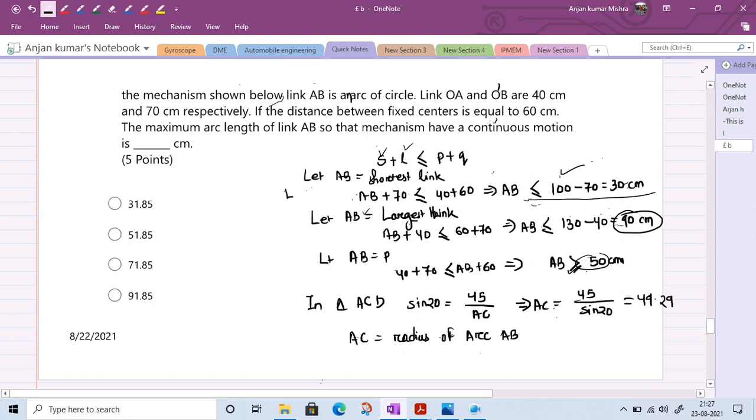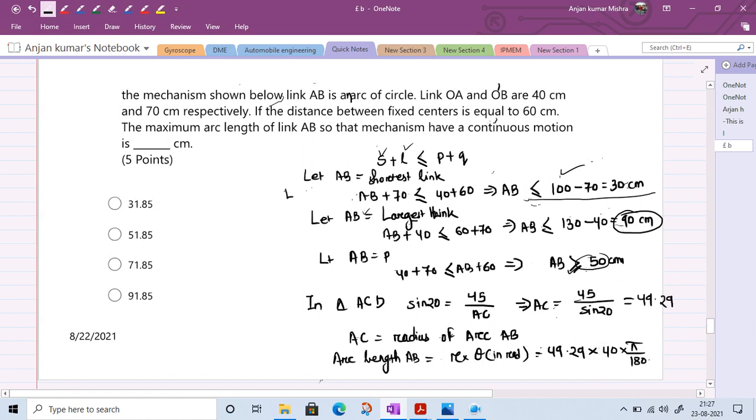So arc length AB is equal to radius R multiplied by the included angle, suppose that is theta, which should be written in radian. So R is 49.29 multiplied by 40 degree multiplied by pi by 180, converted to radian.